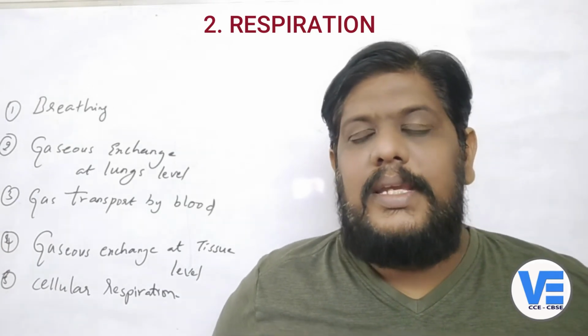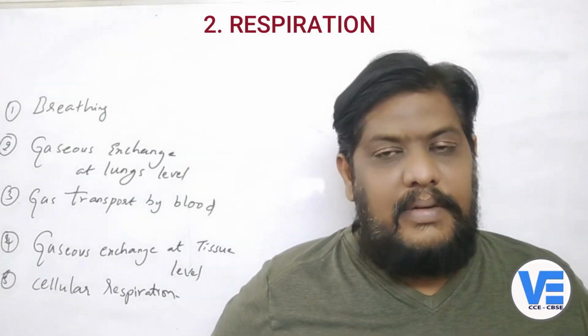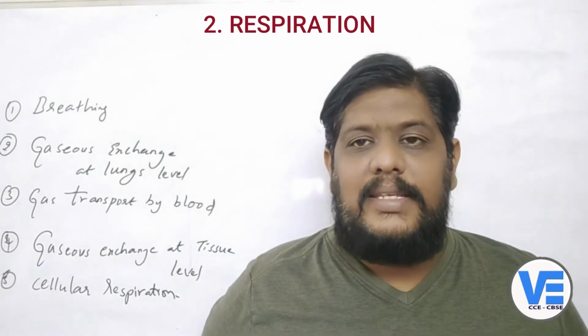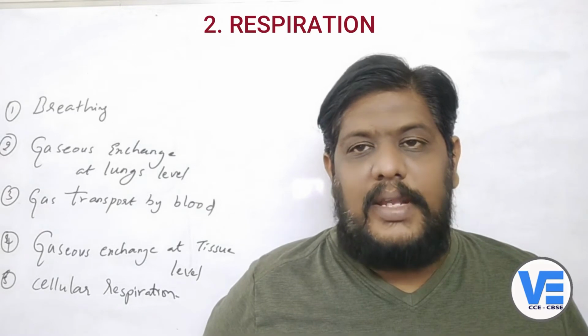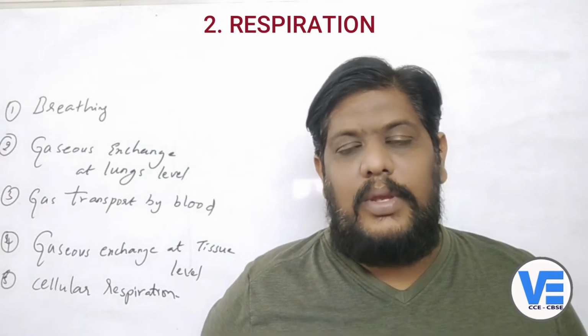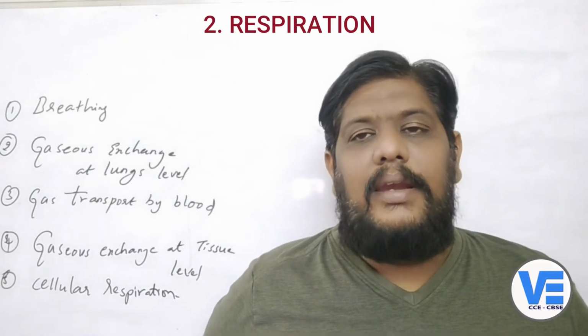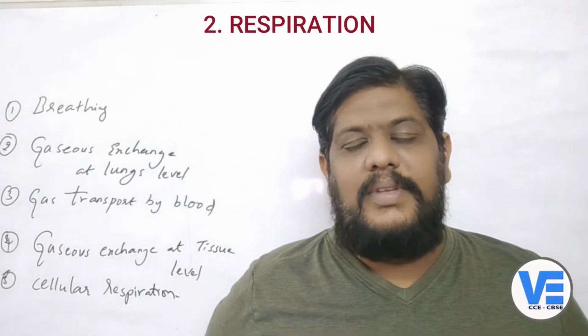This is done by the blood. Already we have discussed that the blood has a pigment called hemoglobin, and this hemoglobin binds with the oxygen and transports it to the different tissues of the body.